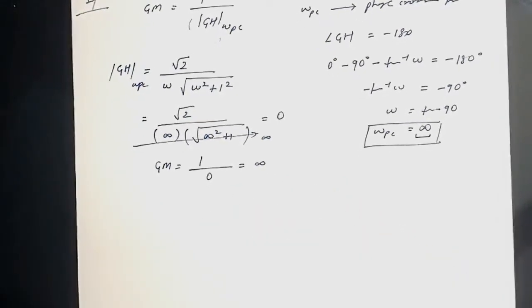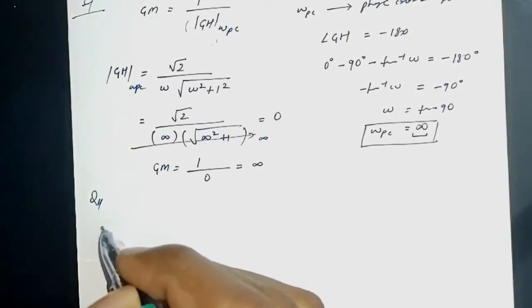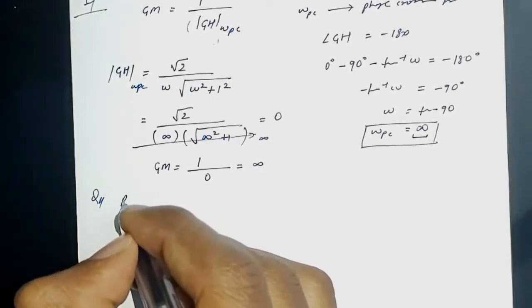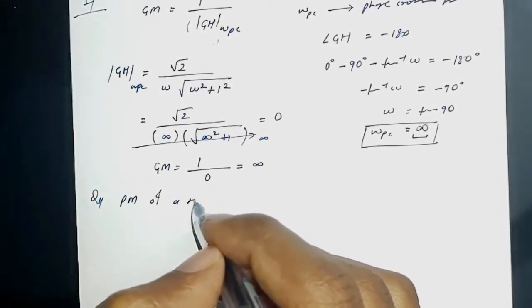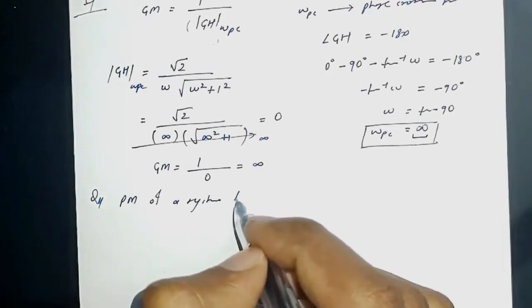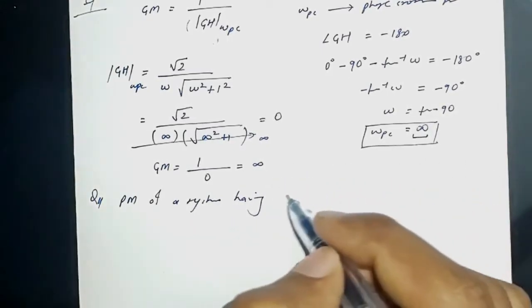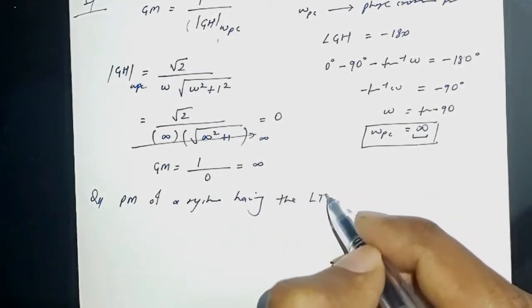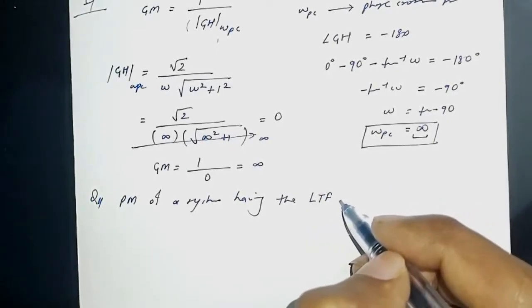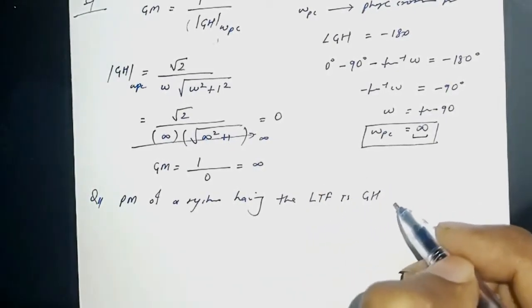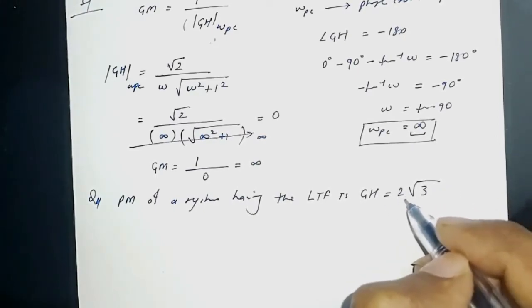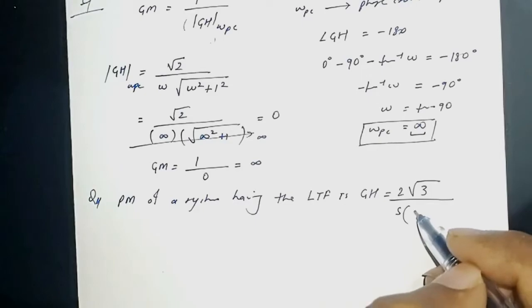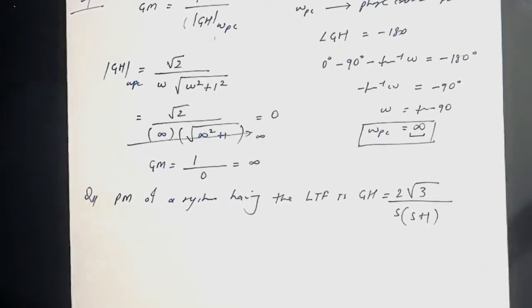Now moving to another question: the phase margin of a system having the loop transfer function as 2 root 3 divided by s into s plus 1.